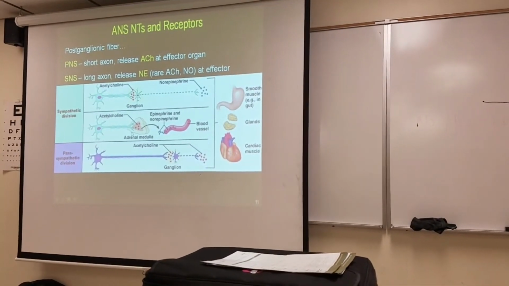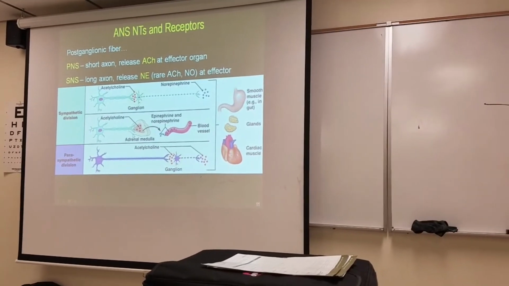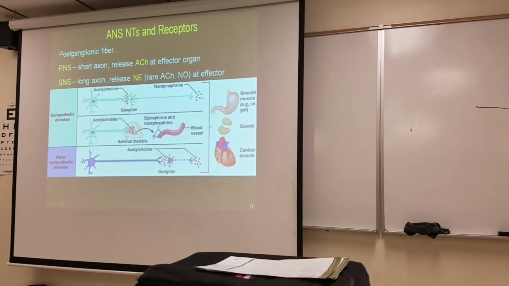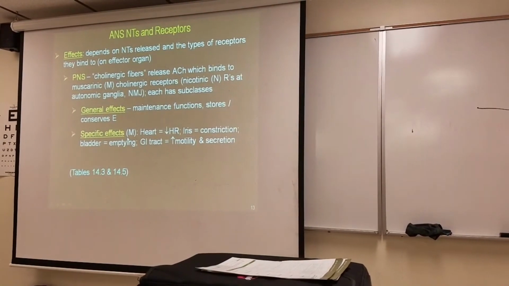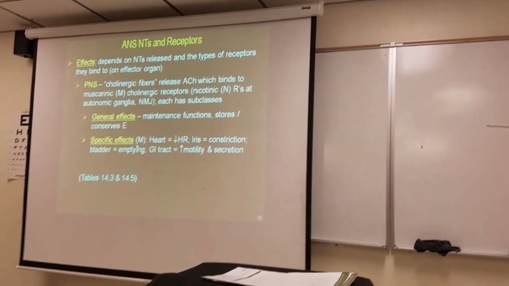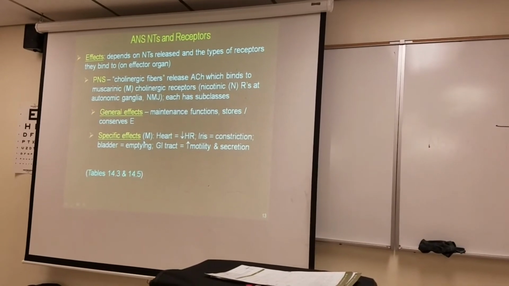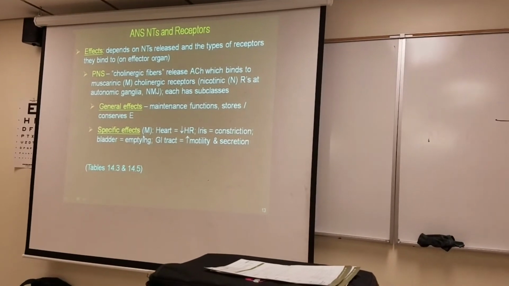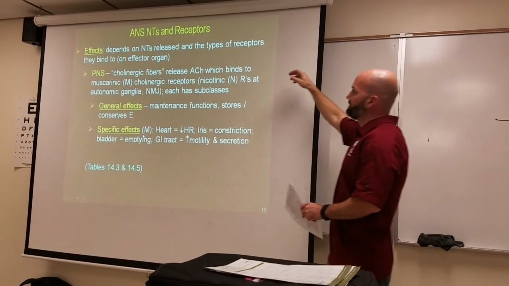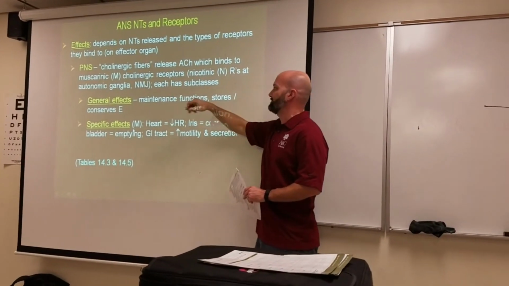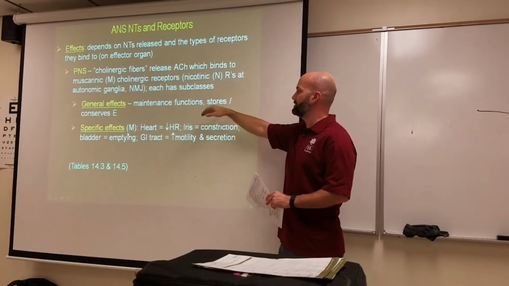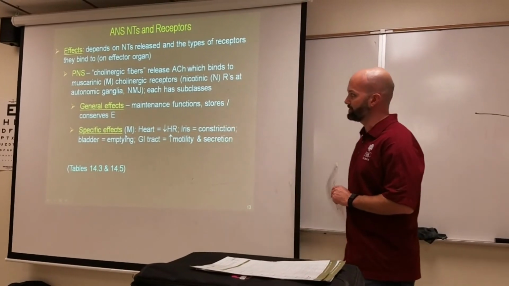Neurotransmitter effects at the target cells. On the next few slides, 14, 15, I'm giving you some, not all, but some specific effects. Before we get there, in general, the parasympathetic division carries out maintenance functions, stores energy, conserves energy.